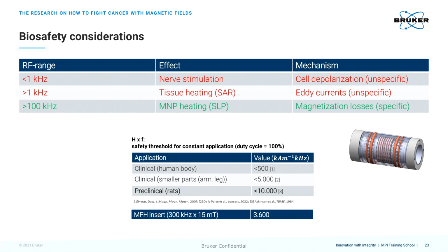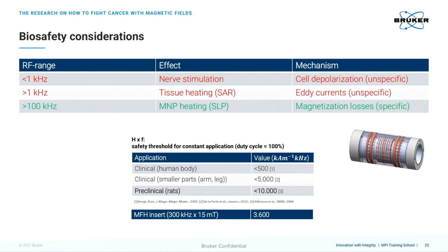And then there are also some biosafety limits provided in different papers for clinical, for full body, small parts of the body, or preclinical. And you need to consider which amplitude and frequency you select in order to stay in the limits of choice.